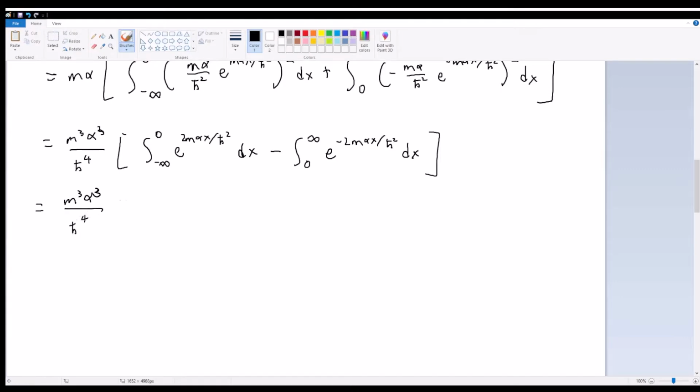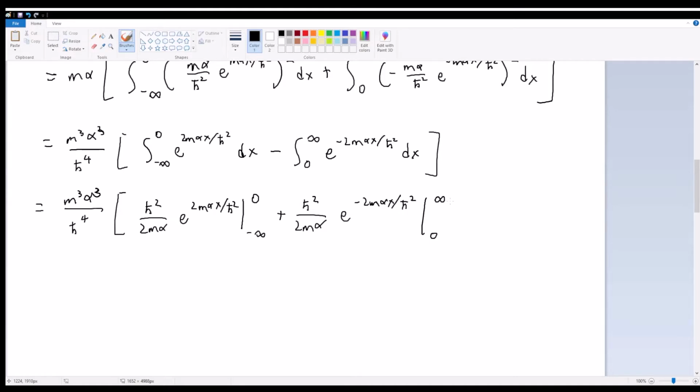Over h bar to the fourth, and then we have h bar squared over 2m alpha, e to the 2m alpha x divided by h bar squared, going from negative infinity to 0, subtracted by, well, in this case I'm going to cancel out the two subtractions, and I'm going to get added with h bar squared over 2m alpha, e to the negative 2m alpha x divided by h bar squared, going from 0 to infinity. Is that correct? The negative at the front cancels out. Yeah.